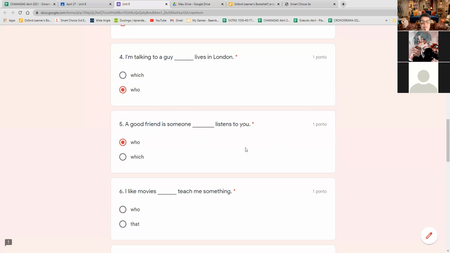Okay? So who, which, and that have the same meaning in Portuguese. All right? So listen again. Who, which, and that have the same meaning in Portuguese. But in English, we have to use them according to the person or the thing we are talking about. I use who or that to refer to people or to a person.